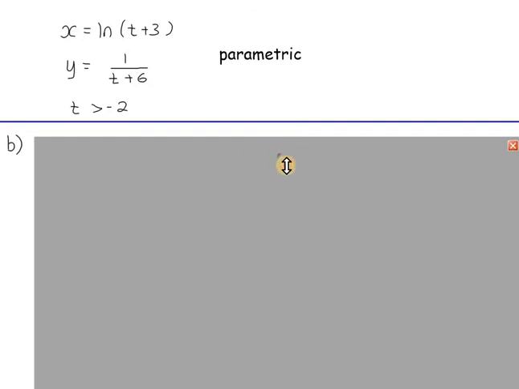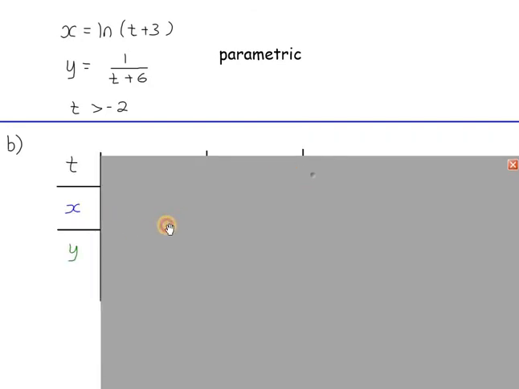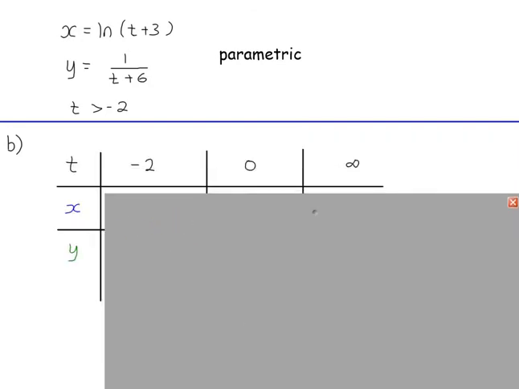We're looking for domain and range, so I'm going to make a table. Sensible values to use for t include -2, and t is greater than -2, so 0 would be a sensible value, and because there's no restriction for the upper value of t, an infinitely large value would be sensible too.